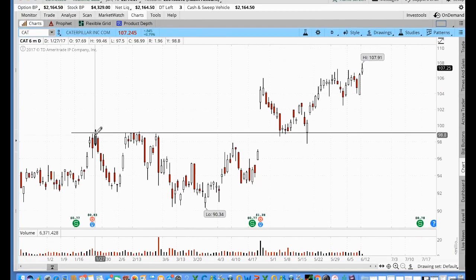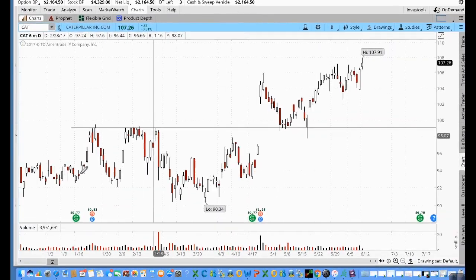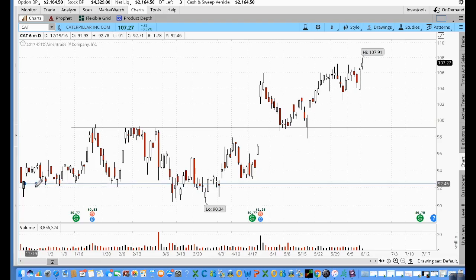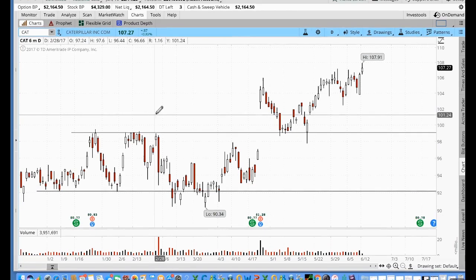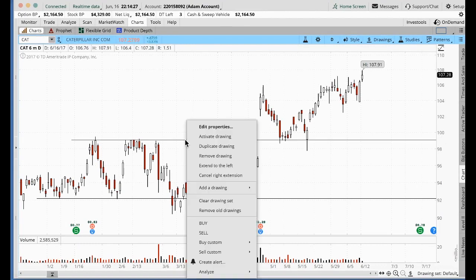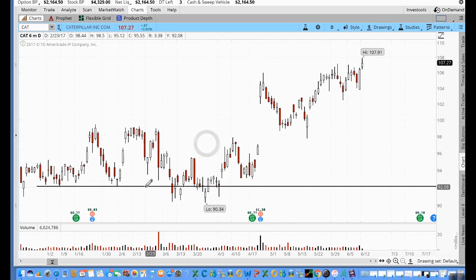That is your resistance, support level, right? You could draw another one over here. Okay, again, you can just adjust it to the exact level. There you go. Okay. Now you could erase it. You just have to point at it, right click, and remove drawing.